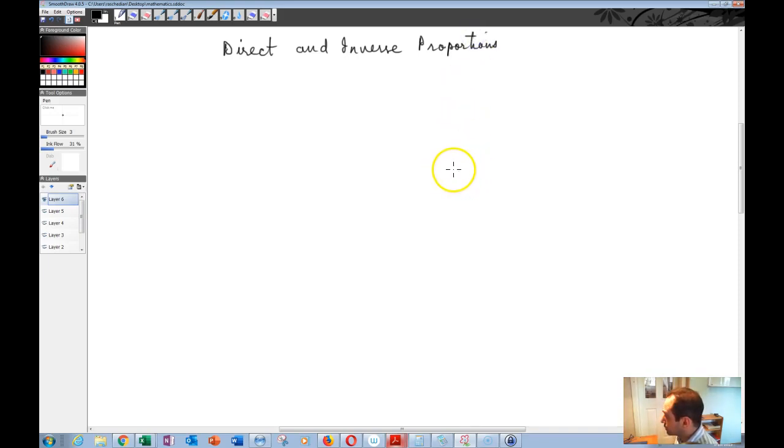And basically the idea is very simple, but it's very useful in mathematics and in solving problems mathematically. And of course you need to have a clear understanding of what direct proportion is, what inverse proportion is, and so on and so forth.